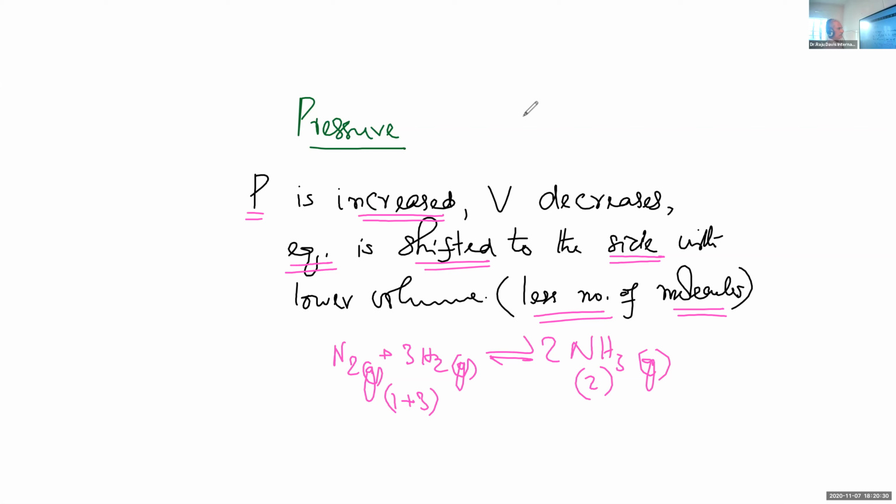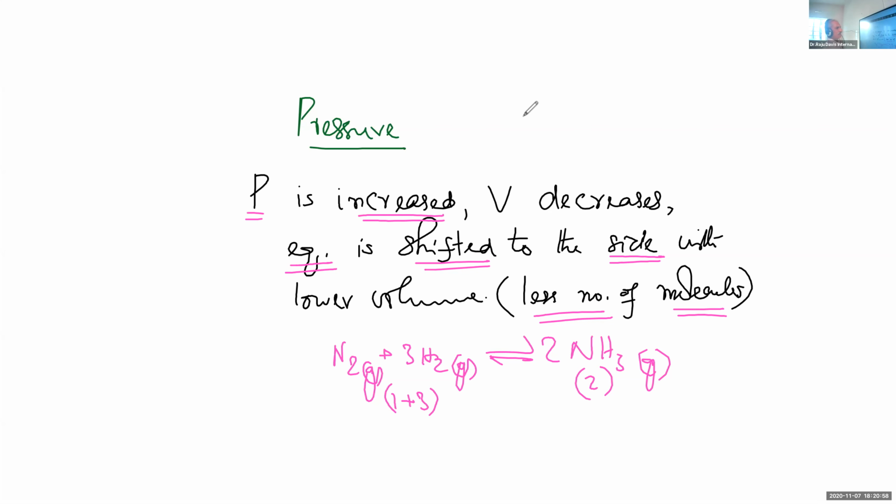You say, Sania, to which side is the equilibrium shifted when pressure is increased? 2NH3. Okay. When pressure is increased, the equilibrium is shifted to the side where there is a smaller number of molecules. That is the side of ammonia.